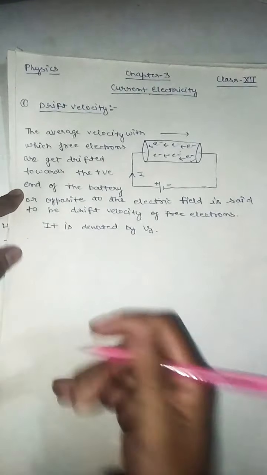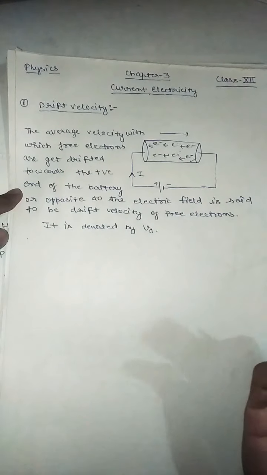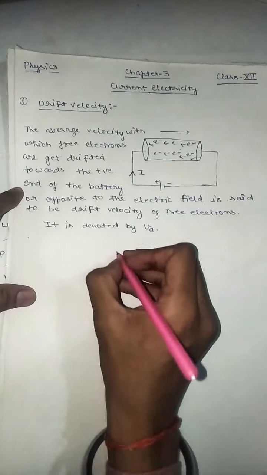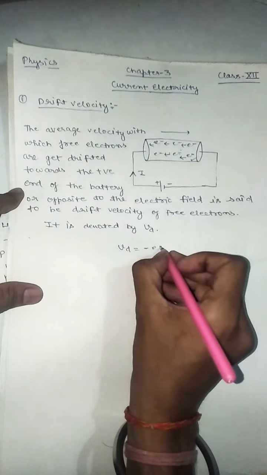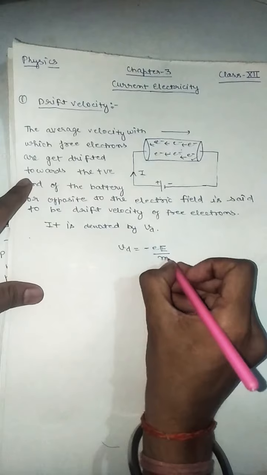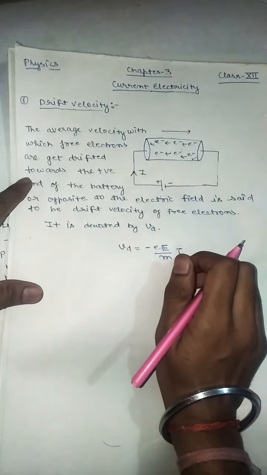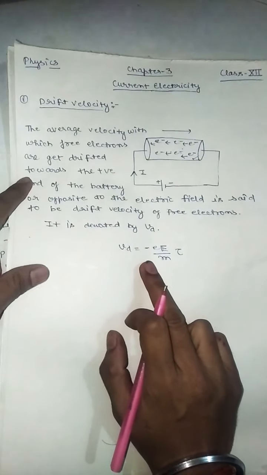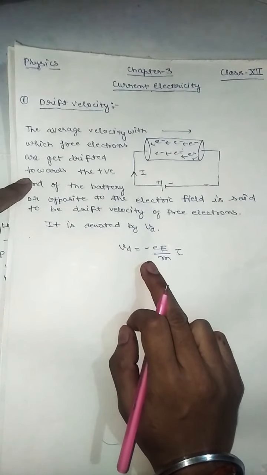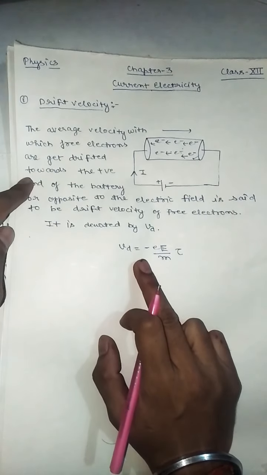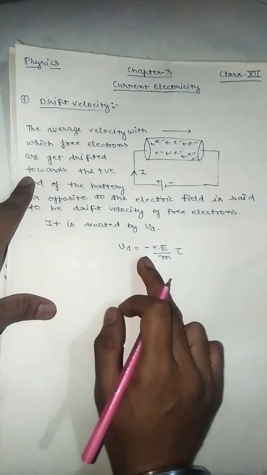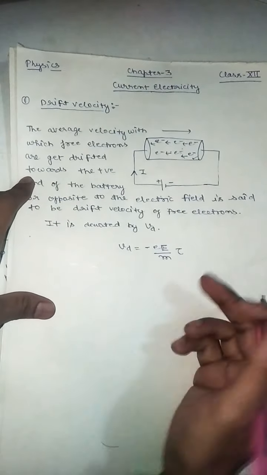The expression we'll discuss in the classroom, and here we are just going to discuss the formula. Vd is equal to minus eEτ upon m. This minus is for the force experienced by the free electron in a conductor, which is opposite in direction to the electric field. That is why I'm using the minus sign here. But we can also solve it further.